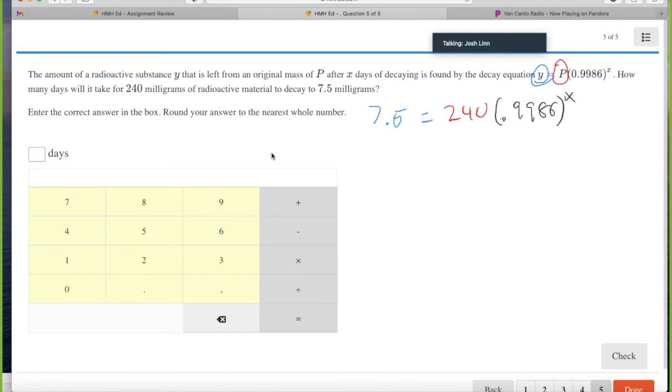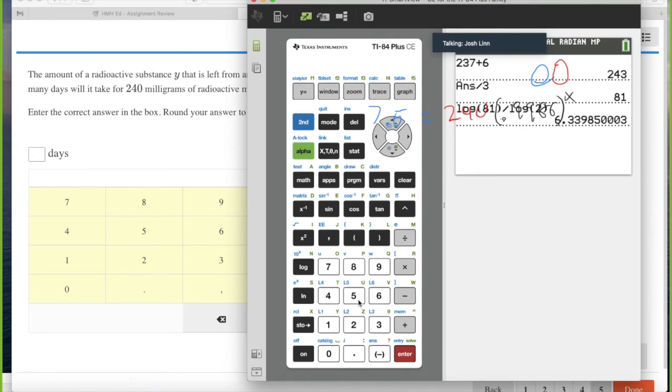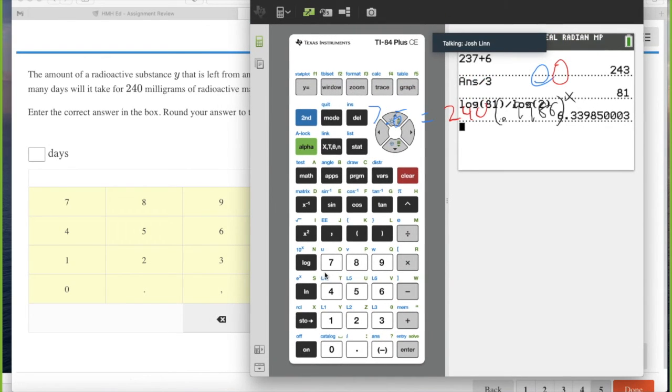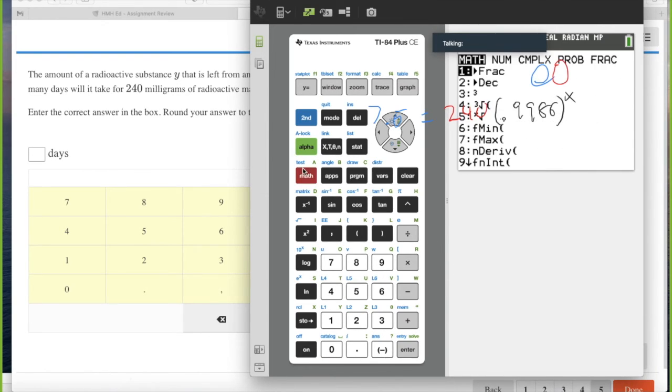Because algebra's cool. So we're going to divide both sides by 240, and then that's going to leave me with 7.5 divided by 240. Is that an easy fraction?